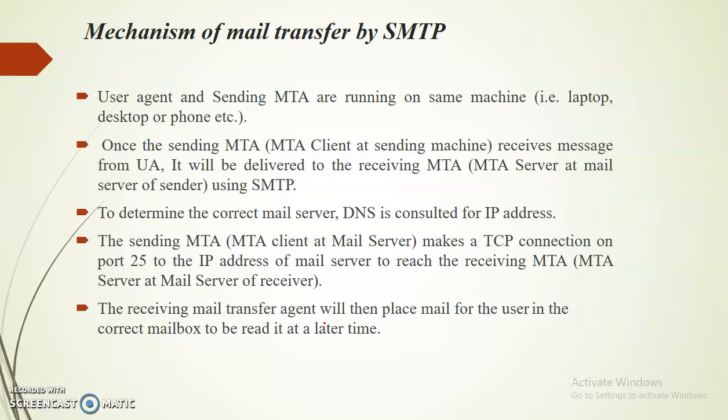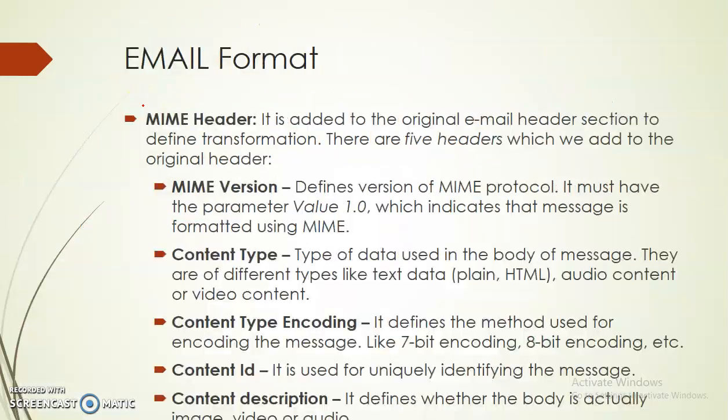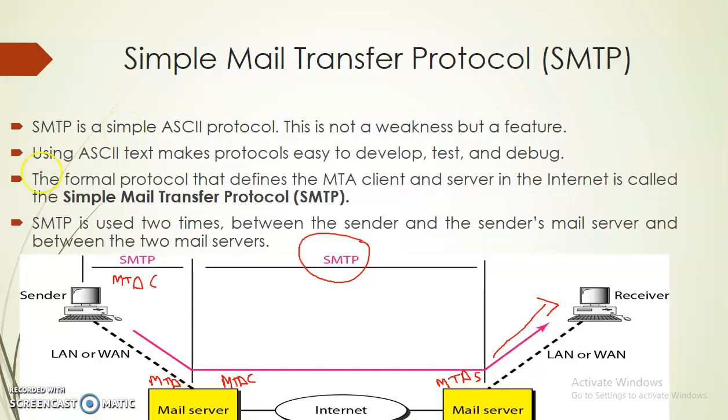Now I will show you the process of how SMTP transfers the mail. First, as I told you, there is a user agent on each machine. We have done examples of a user agent, for example Outlook.